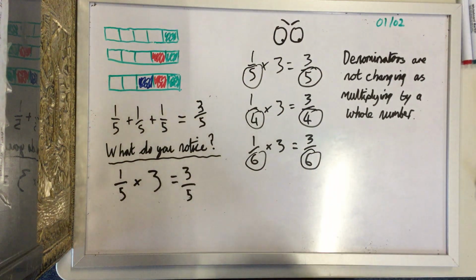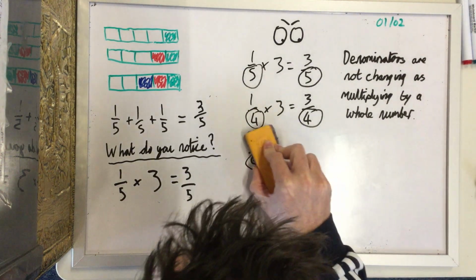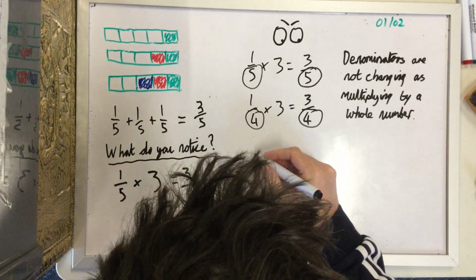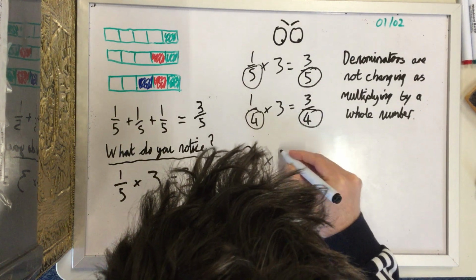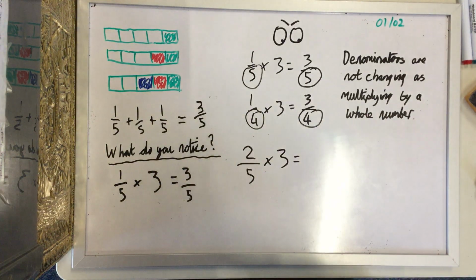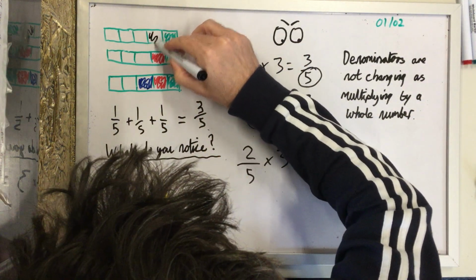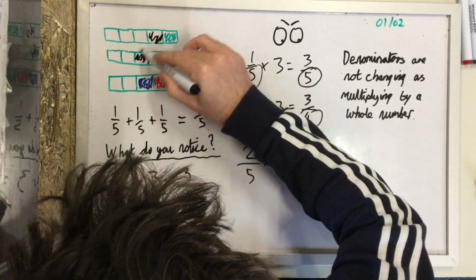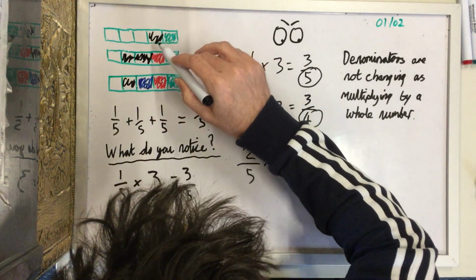And that even works if it wasn't a unit fraction. This is actually what we move on to tomorrow. What if it was 2/5 times 3? If I move over to here, if we had 2/5, and then we added another 2/5, already we've got 4/5 there.